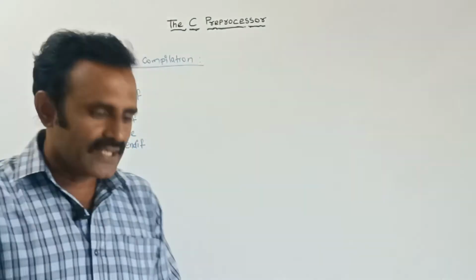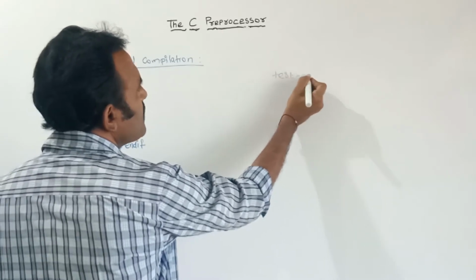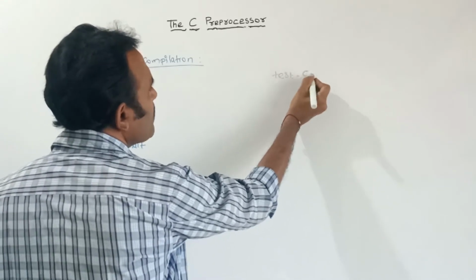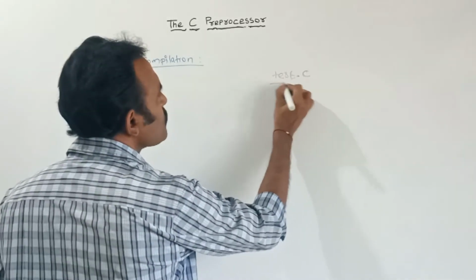For example, if you are writing a C code, let us assume test.c, our source code will have the extension .c. This is our source code.